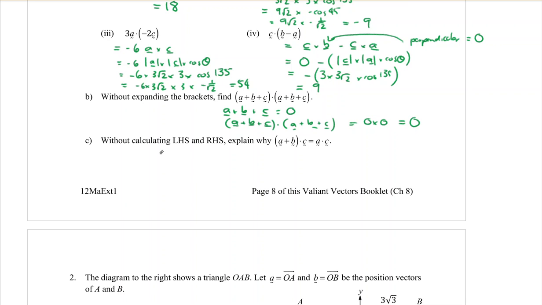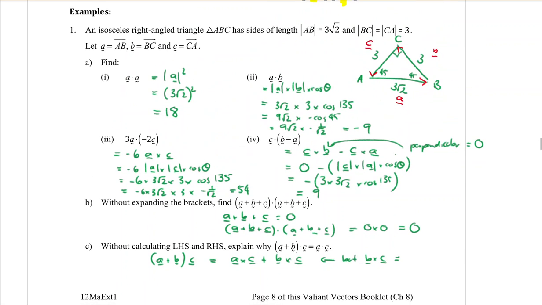If I start with my left-hand side, I have vector A plus vector B multiplied with vector C. Expanding that out, I get vector A times vector C plus vector B times vector C. But vector B times vector C, we've already talked about them. They're the ones up the top of my triangle.